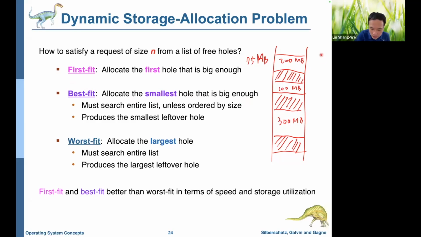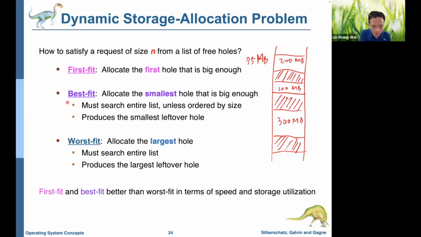So you need to go through all the available holes and see which one is the smallest one that is big enough for this request. Among 200, 100, and 300, which one is smallest? This one, and it is bigger than 75. So we are going to allocate this if we are using best fit.